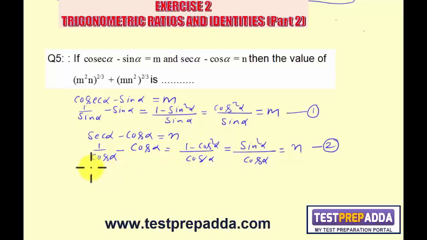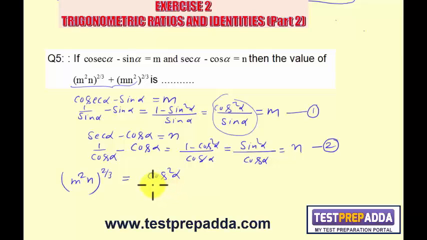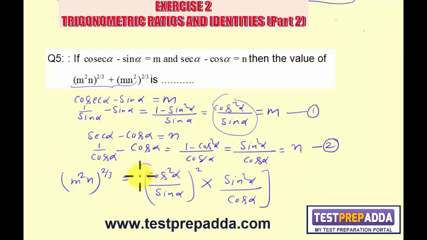Now, we have to find the value of this. So, I'll try to find the value of m square n whole to the power 2 by 3 first of all. M square means square this one. So it will become cos square alpha upon sin alpha whole square into sin square alpha upon cos alpha, this whole to the power 2 by 3.